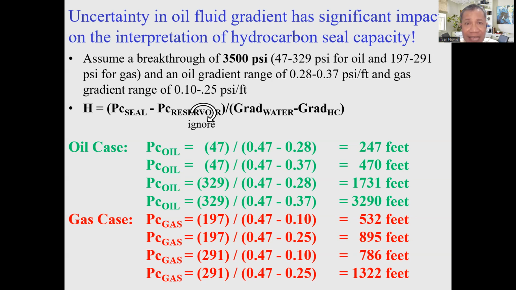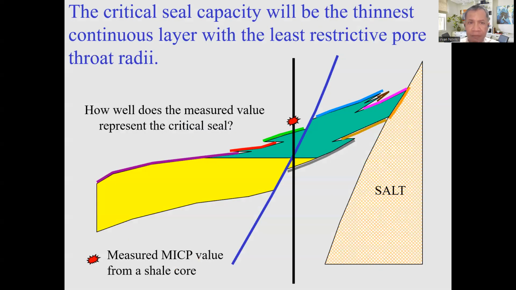For example, when the gas gradient is 0.1 up to 0.25 psi per foot, the corresponding gas breakthrough is calculated to be 532, 895, 786, and 1,332 feet respectively.